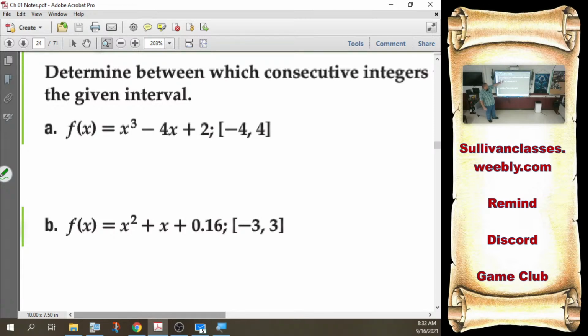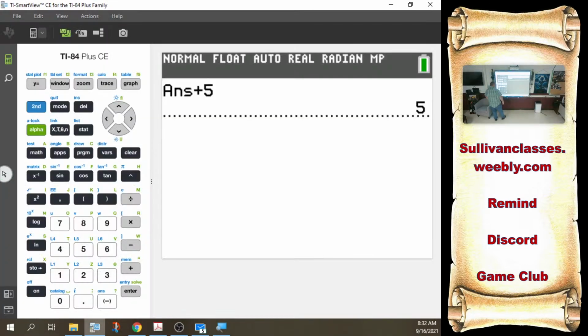This thing: determine between which consecutive integers on the given interval the zeros are. So, in this range, where are the zeros? So they want you to plug in -4, -3, -2, -1, 0, 1, 2, 3, 4. Now, I'm not going to do that because I'm going to make my calculator do it for me.